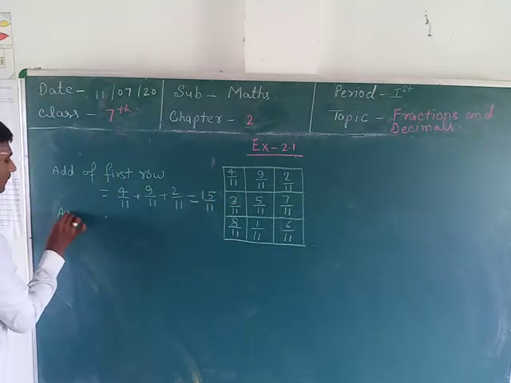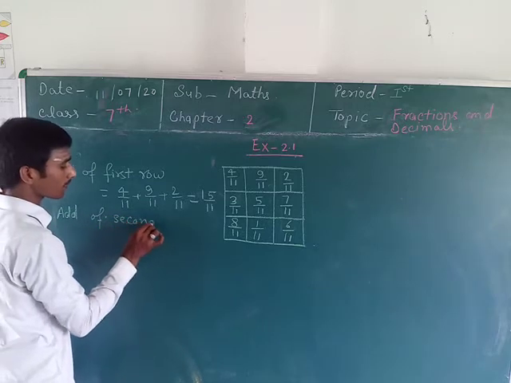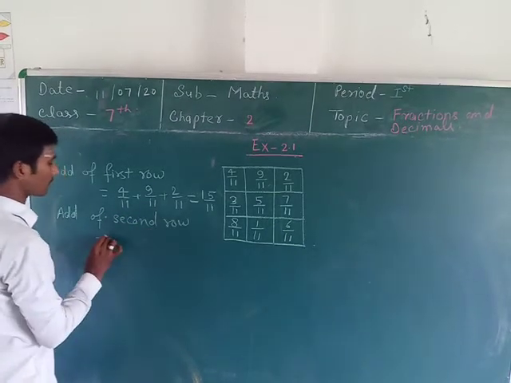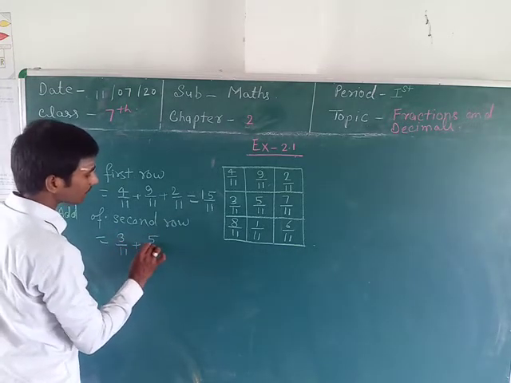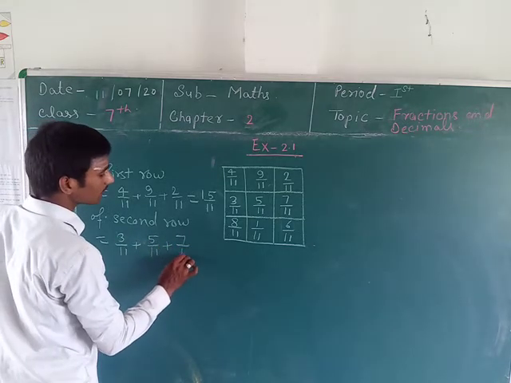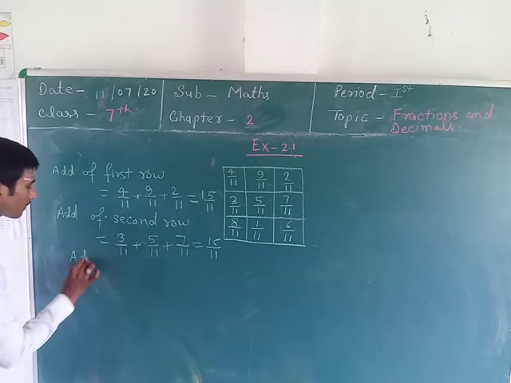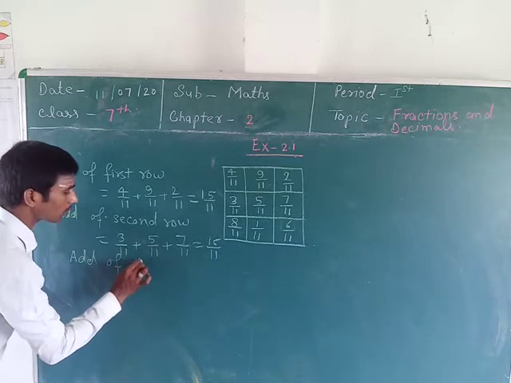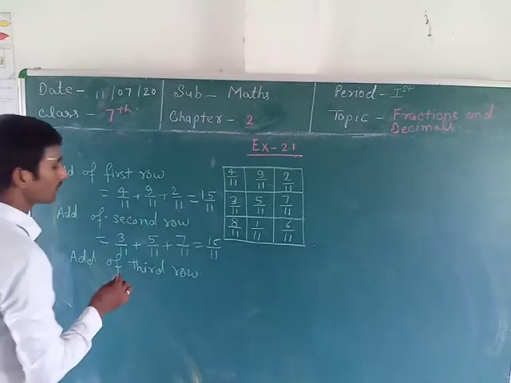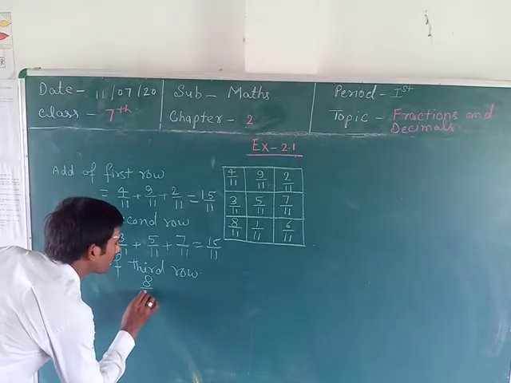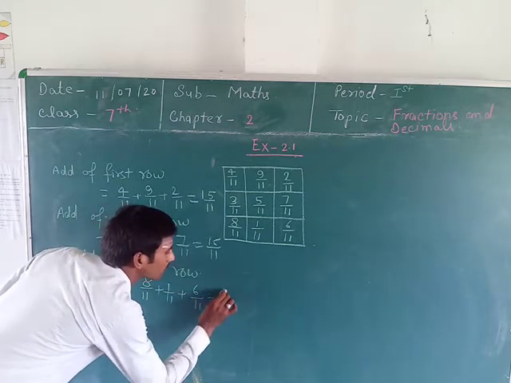Then add up second row. 3 upon 11 plus 5 upon 11 plus 7 upon 11 equal to 15 upon 11. Now add up third row. 8 upon 11 plus 1 upon 11 plus 6 upon 11 equal to 15 upon 11.